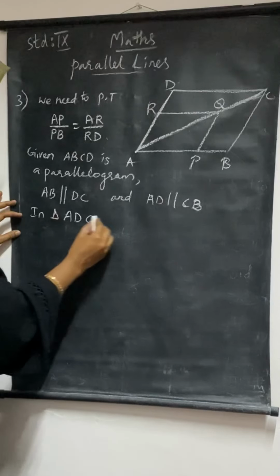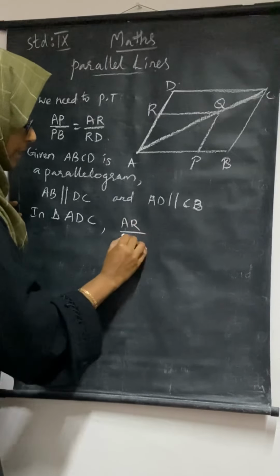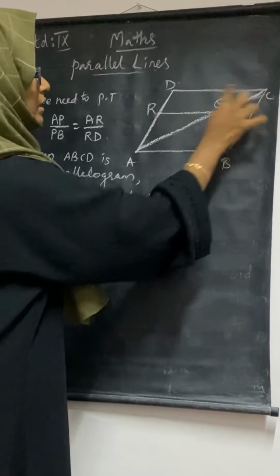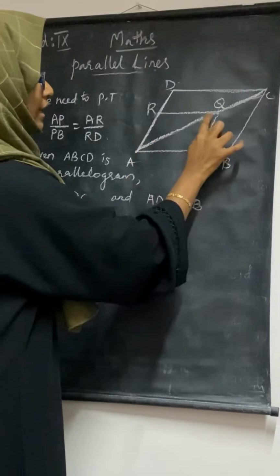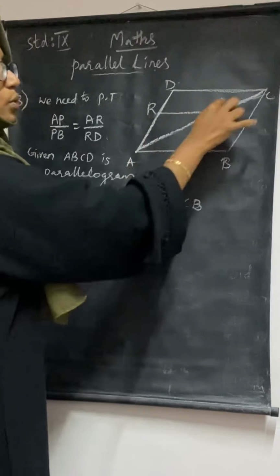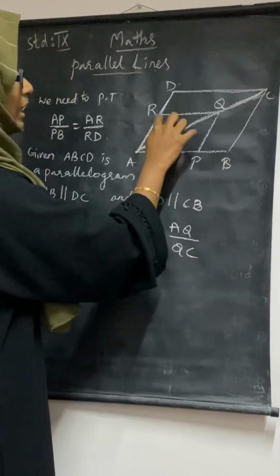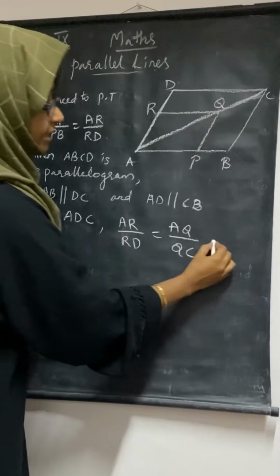So in triangle ADC, AR divided by RD is equal to, in this triangle, this side, AQ by QC. AR by RD equals AQ by QC; that is equation 1.